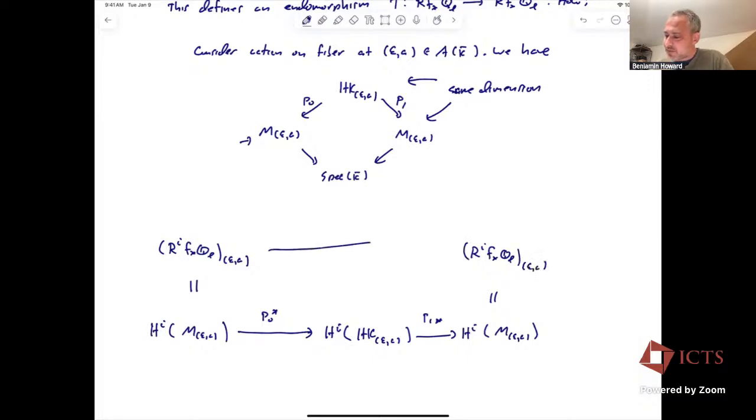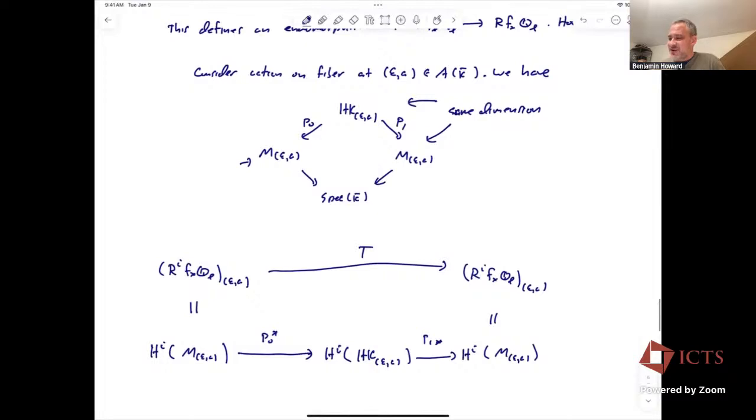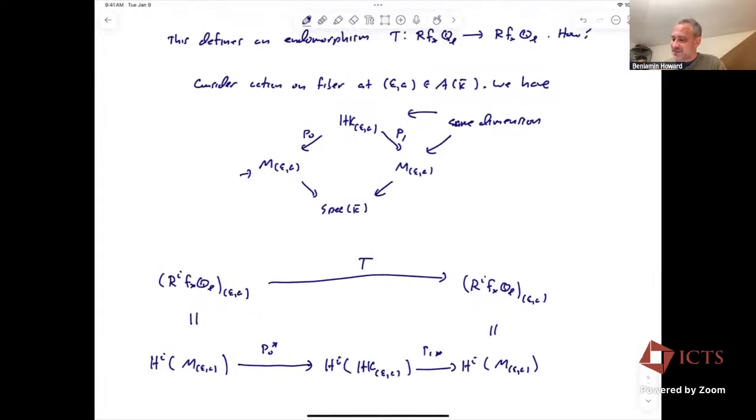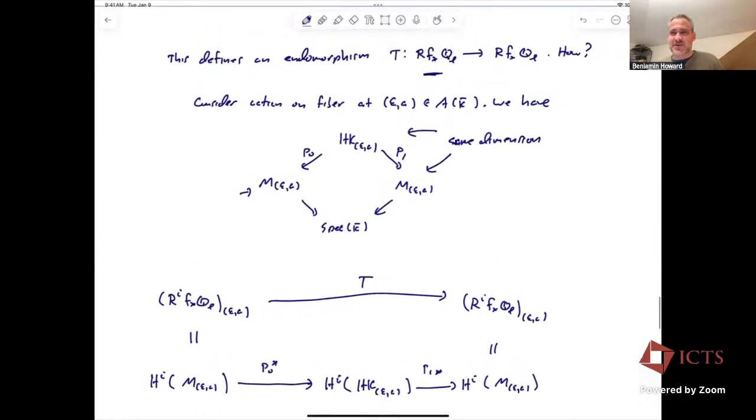And that's telling me what T is on that stalk. You should find it plausible that getting from this stalk by stalk description of T to an endomorphism on the level of objects in the derived category is just a bunch of formal hoo-ha. This is what T is.